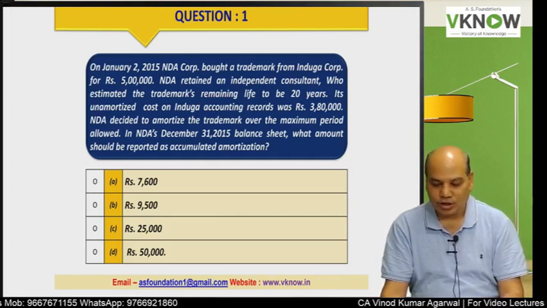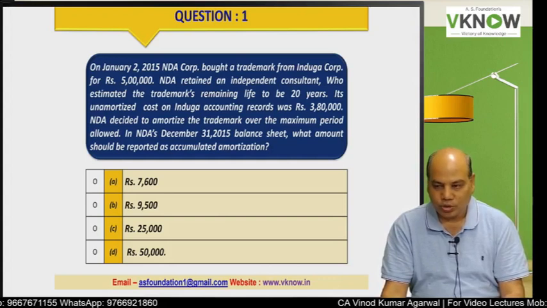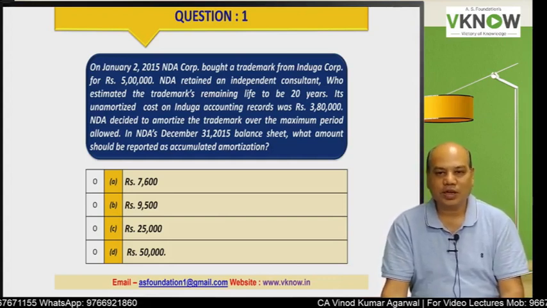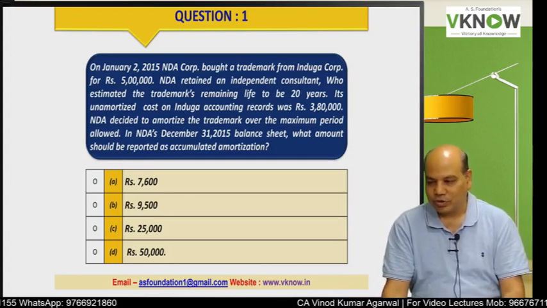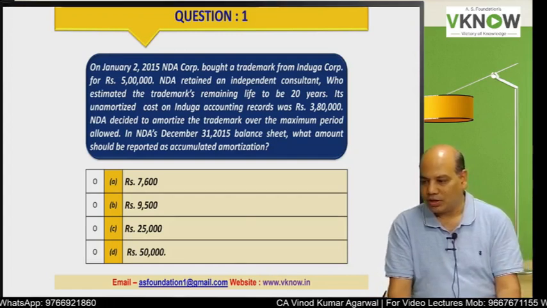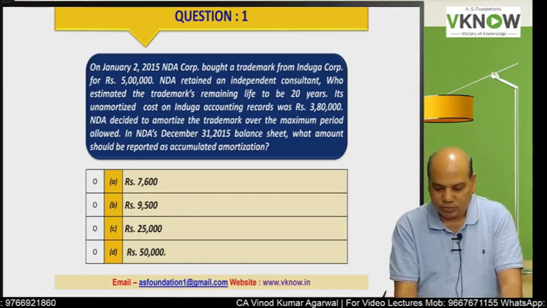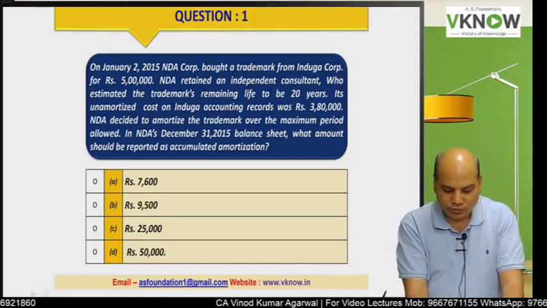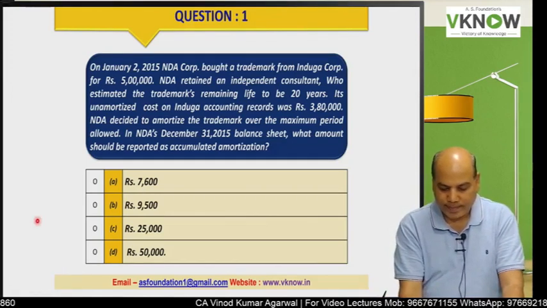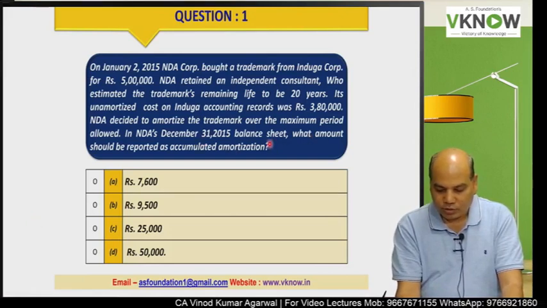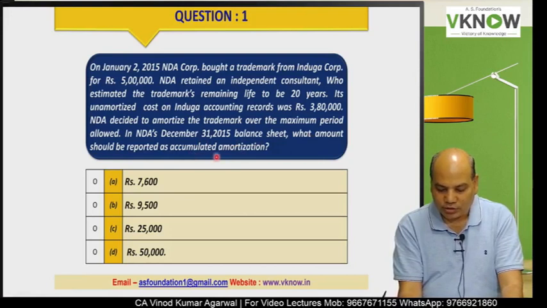Its unamortized cost in Induga's accounting records was 3,80,000. NDA decided to amortize the trademark over the maximum period allowed. In NDA's December 2015 balance sheet, what amount would be reported as accumulated amortization?